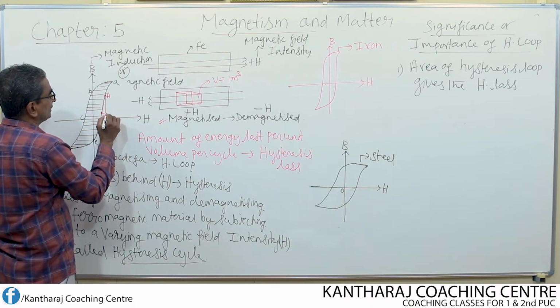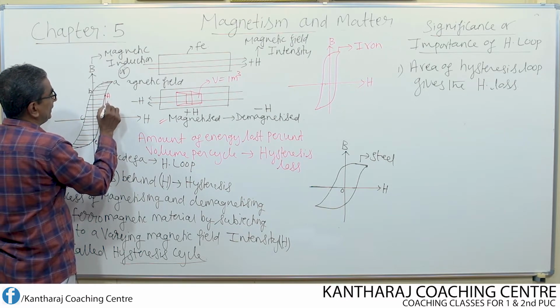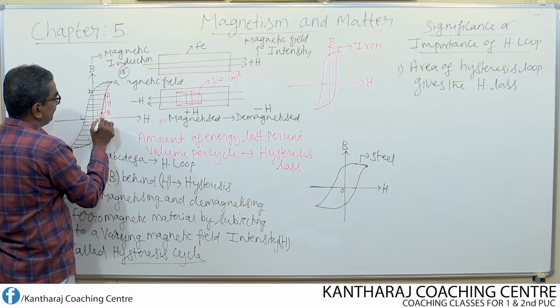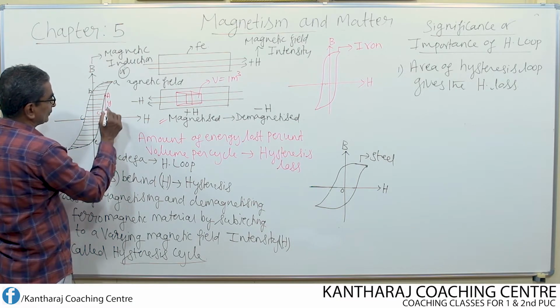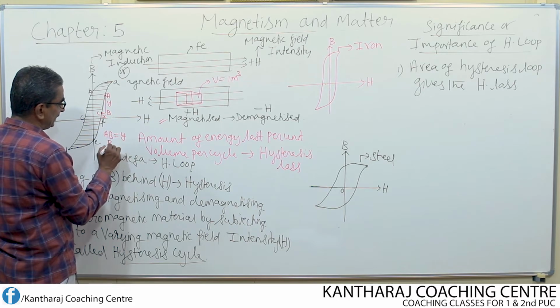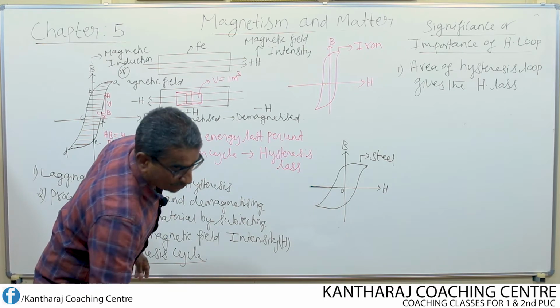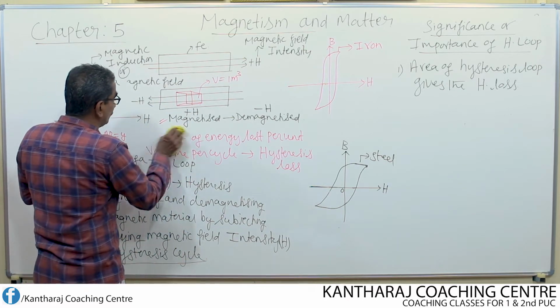Let us call this A, B, C. AB is Y and BC is X. So remember, AB is equal to Y and BC is equal to X. Now, how to find the slope of this hysteresis loop?